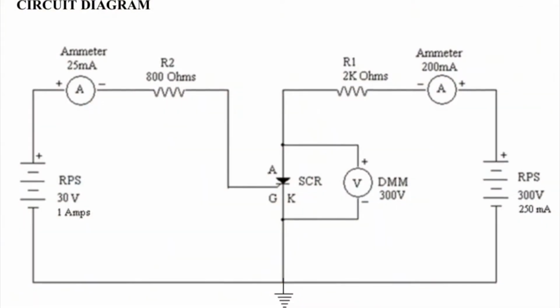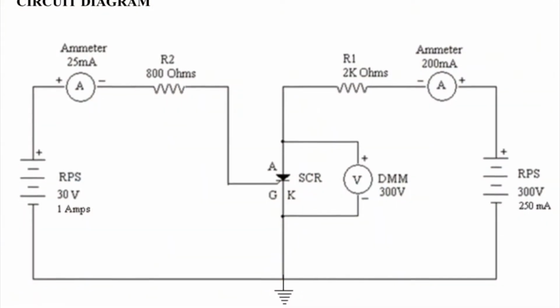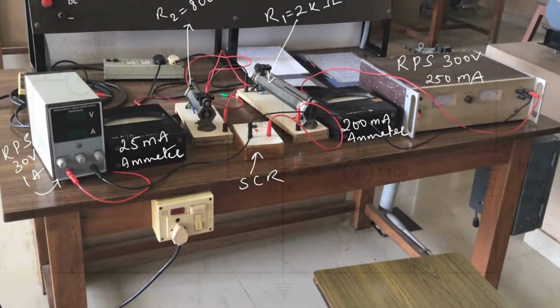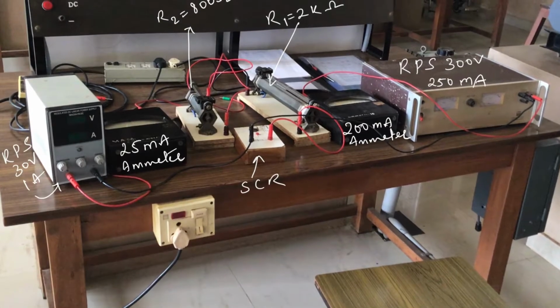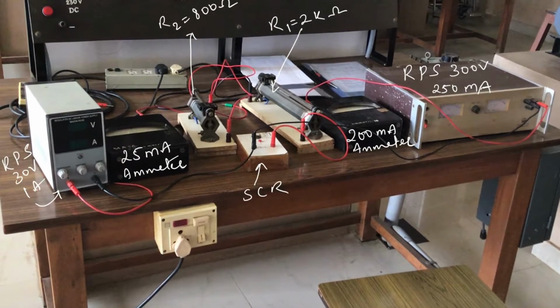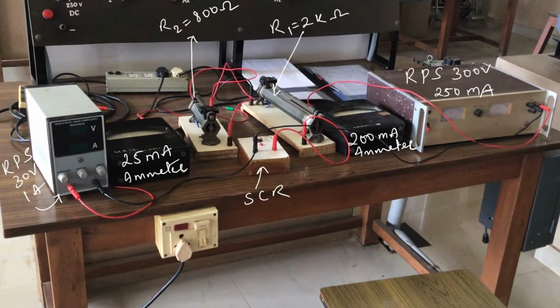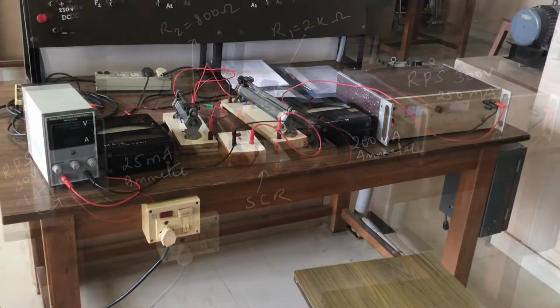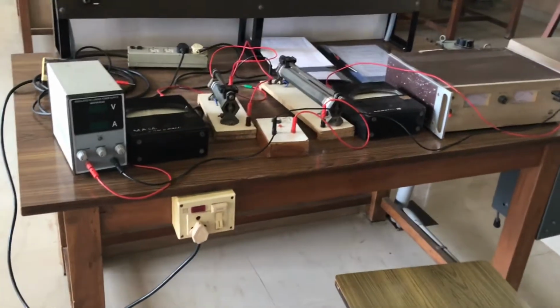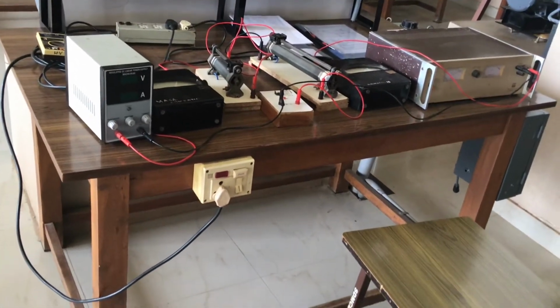Now let me explain the equipments on this table. So this is the table meant for SCR characteristics. We'll see equipments one by one.